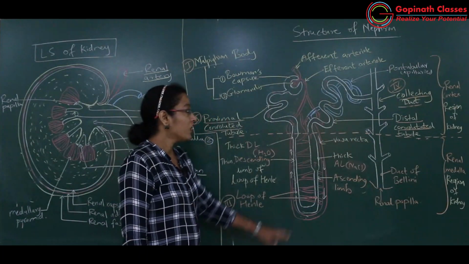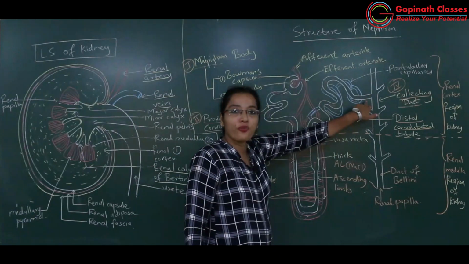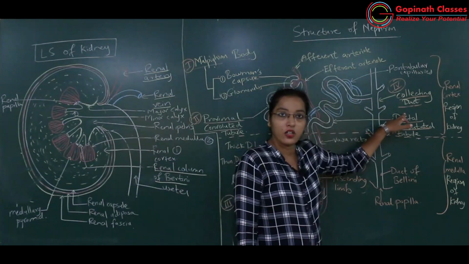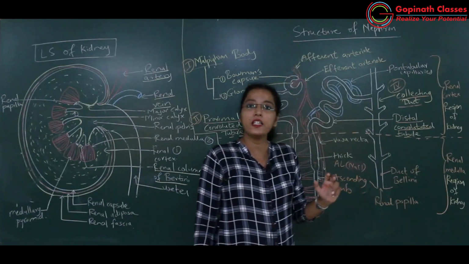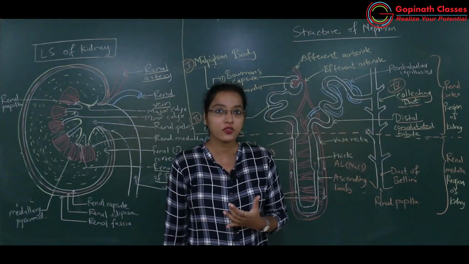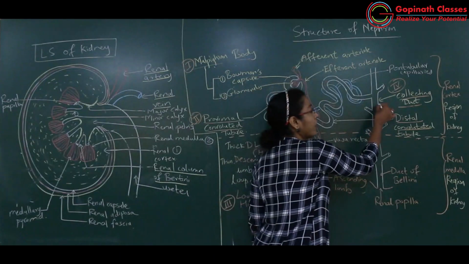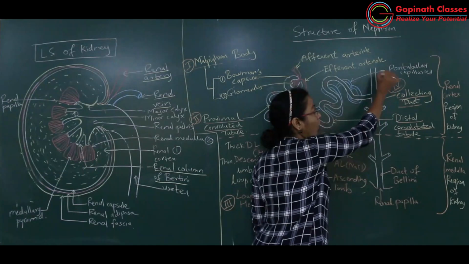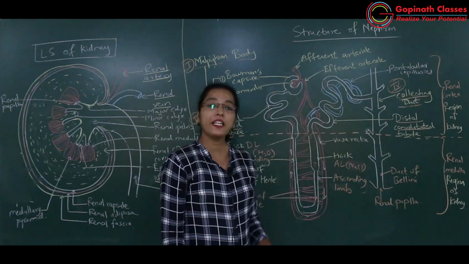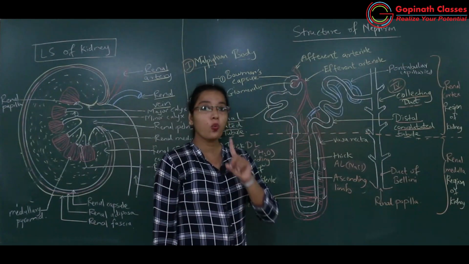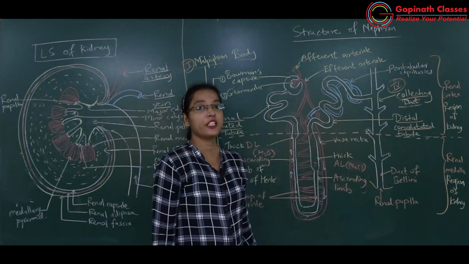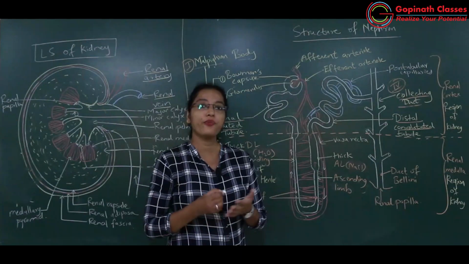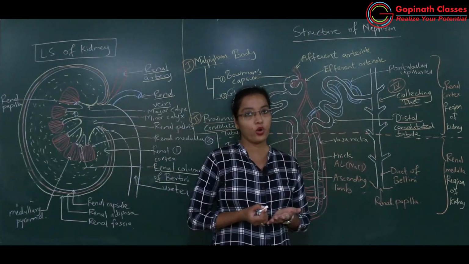Now this distal convoluted tubule of the nephron is opening in the collecting duct. So how is the collecting duct? Again it is a tubular structure. The collecting duct is bigger and it receives the distal convoluted tubules of many nephrons. One collecting duct will receive 8 distal convoluted tubules of different nephrons.